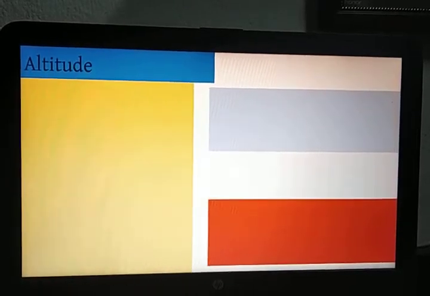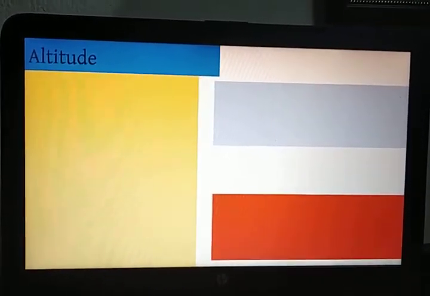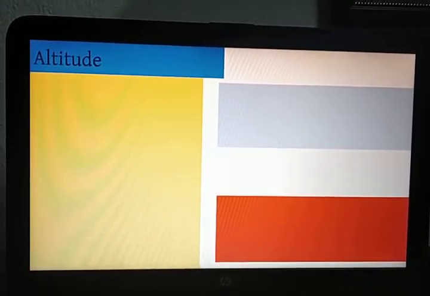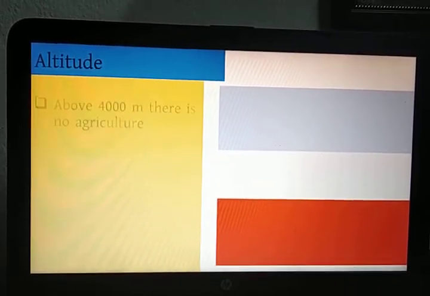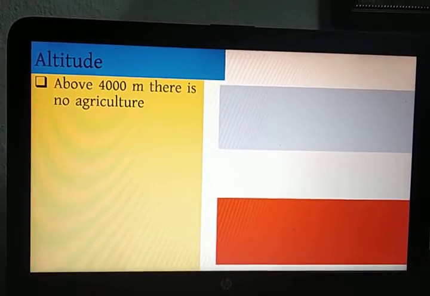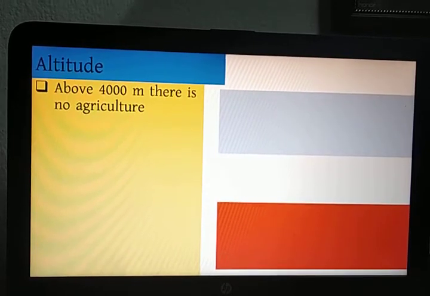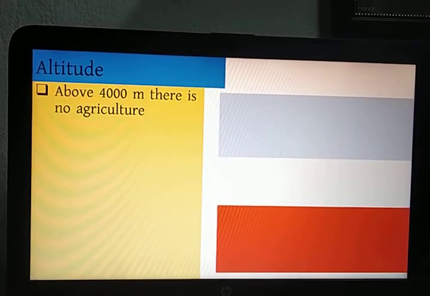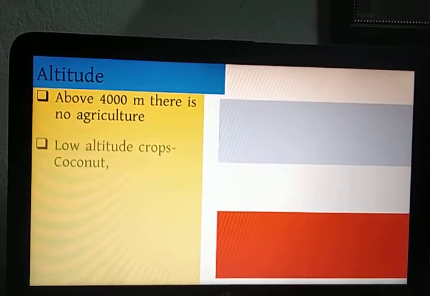Now, altitude. What is altitude? Altitude is the height of terrain or height of the agricultural land. This is actually counted from the sea level. It is observed throughout the globe that above 4,000 meters there is no scope of agriculture, or there is no agricultural practice above 4,000 meter height.